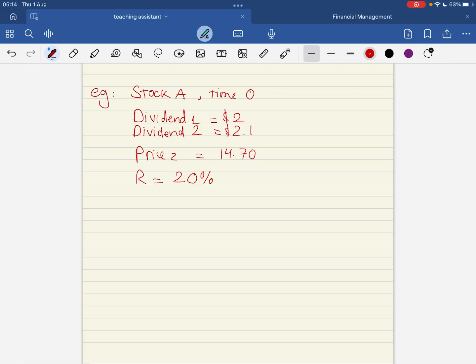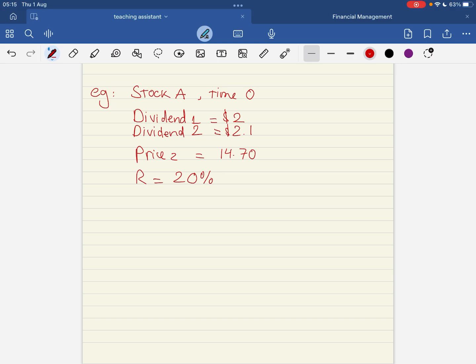Alright, let's take a look at this example. Just a reminder, no matter what kind of financial tools we are using, the concept of discounted cash flow always holds throughout the course, one of the most popular and widely used concepts around the world. Let's read the example together. We have a stock from company A, and we are currently at time 0, which means the current time.